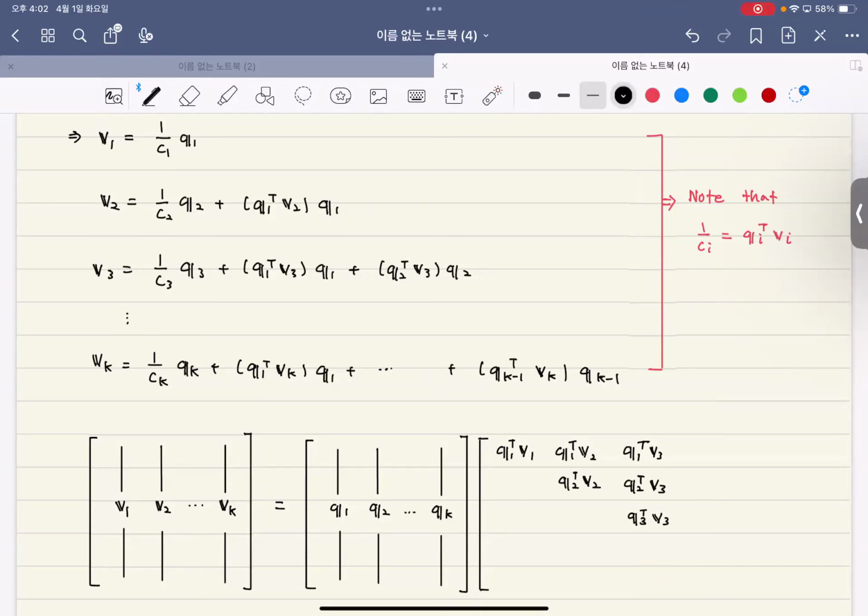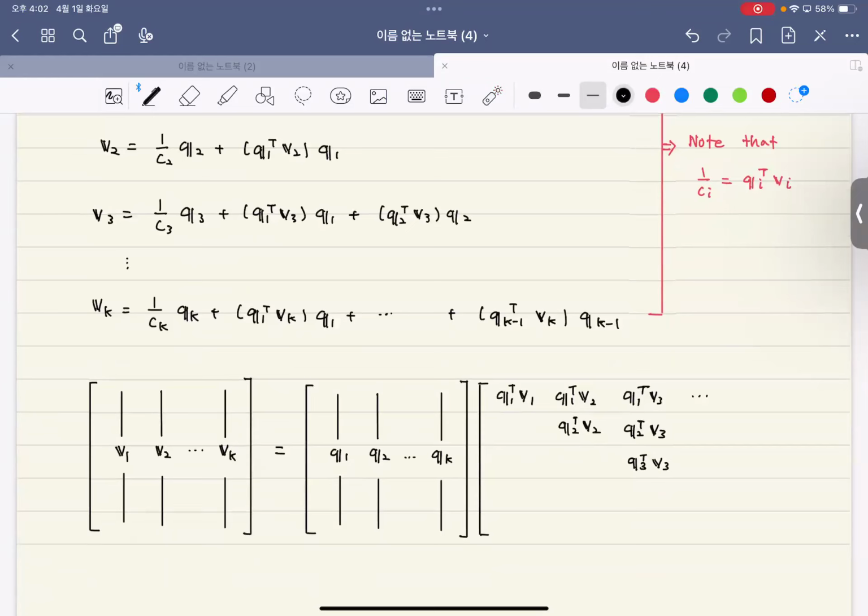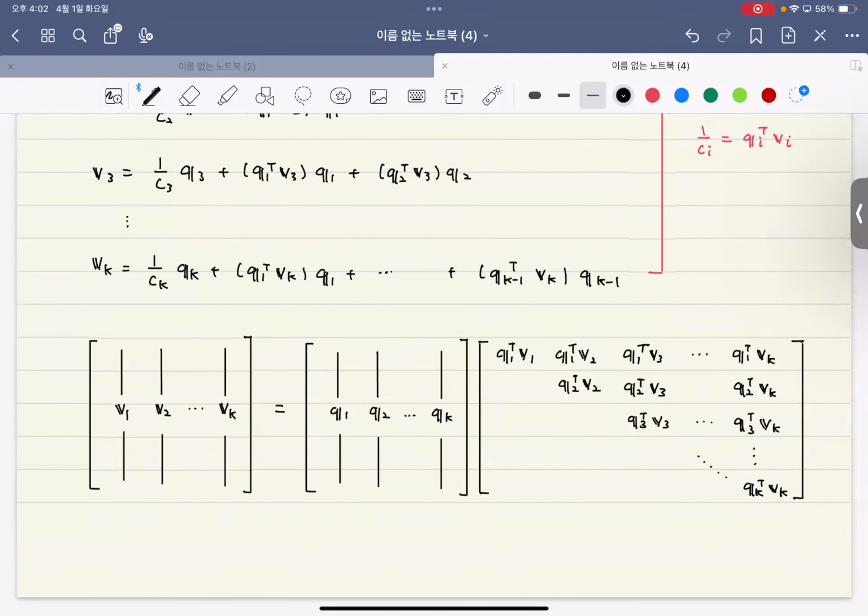So Q1 transpose Vk, Q2 transpose Vk, Q3 transpose Vk, and Qk transpose Vk. Okay, great.